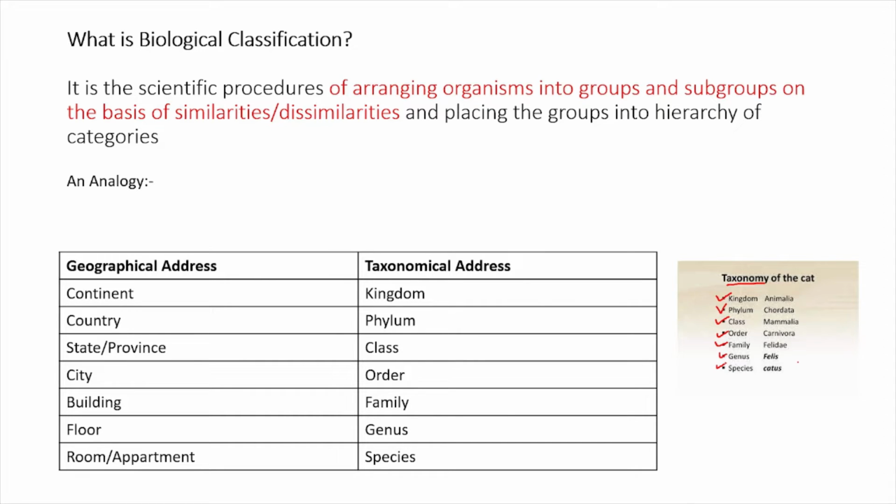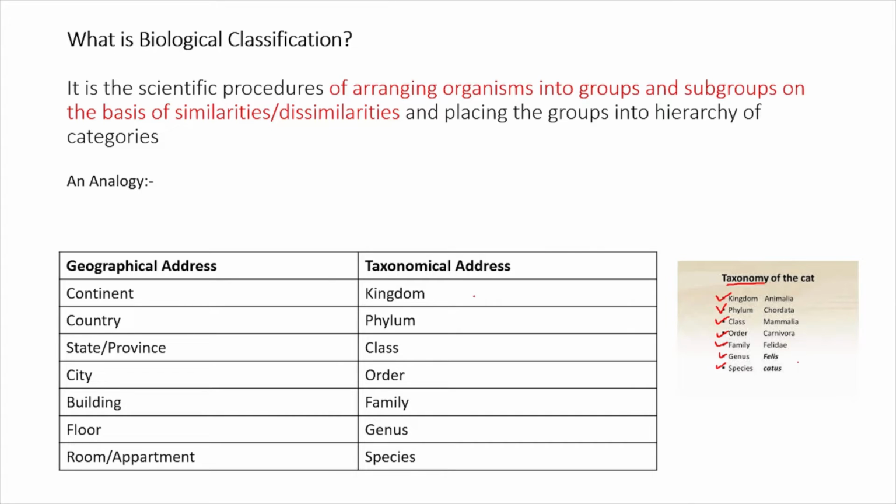But if I say only the kingdom or the phylum or any other higher hierarchy of classification, it becomes very vague, because a kingdom or a phylum will have several organisms within it. How will you make out which organism you are referring to? Right? So that is the main difference.